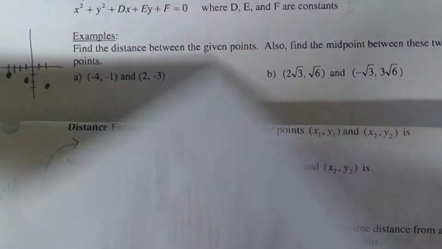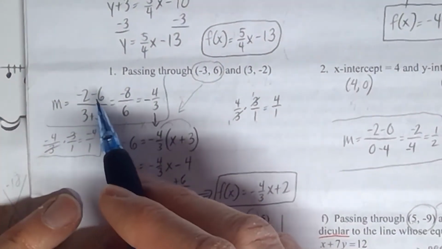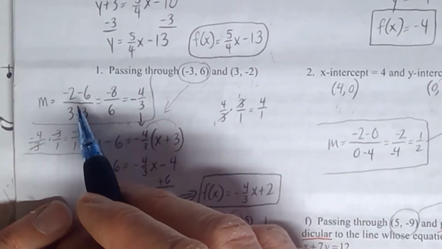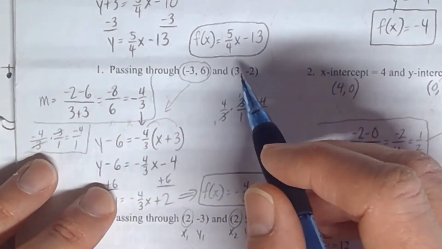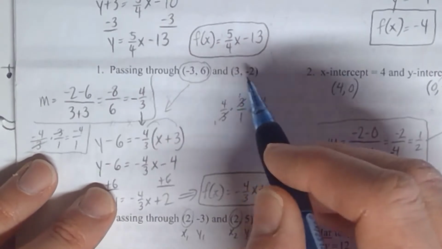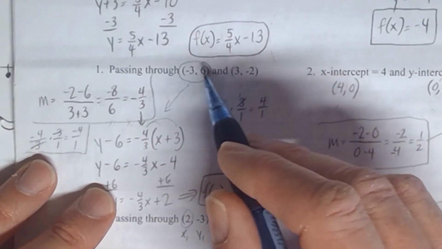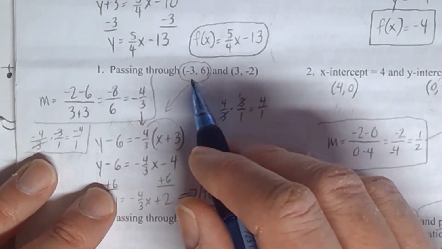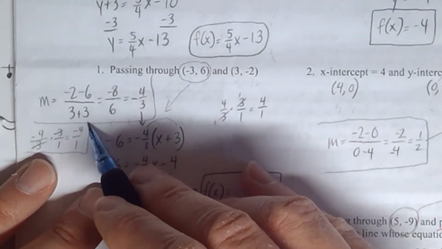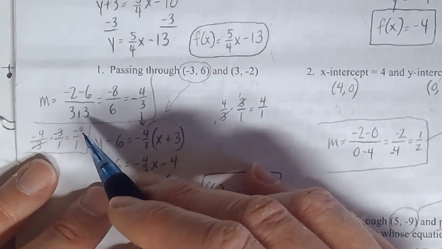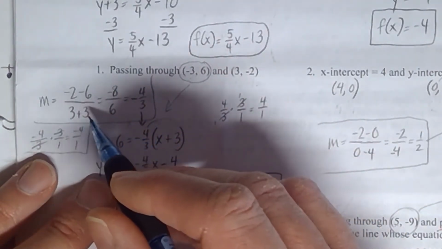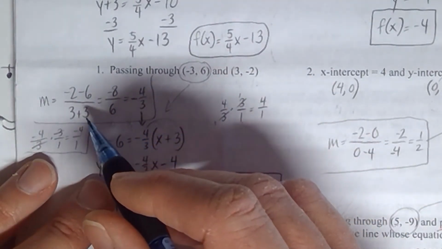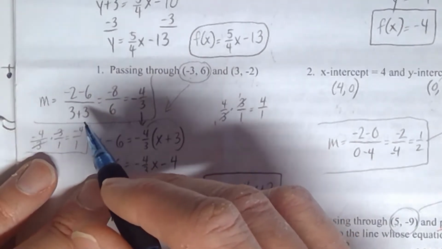We need to realize, and look at, here's an example of that fraction formula, where on the bottom we did the second x minus the first x, x2 minus x1. But if you plug in a negative number behind that minus sign, that becomes a double negative, and that's why it became plus right there. That same thing is going to happen here today in the distance formula.